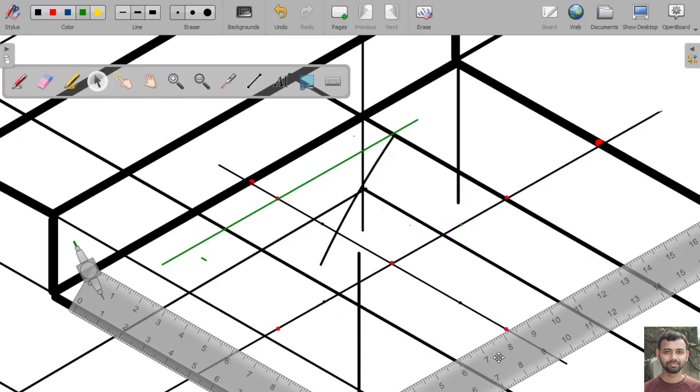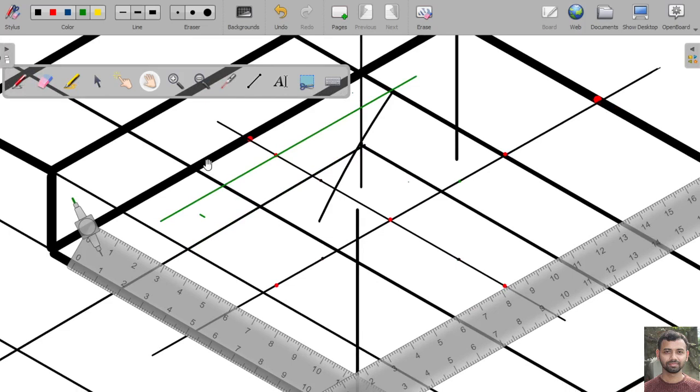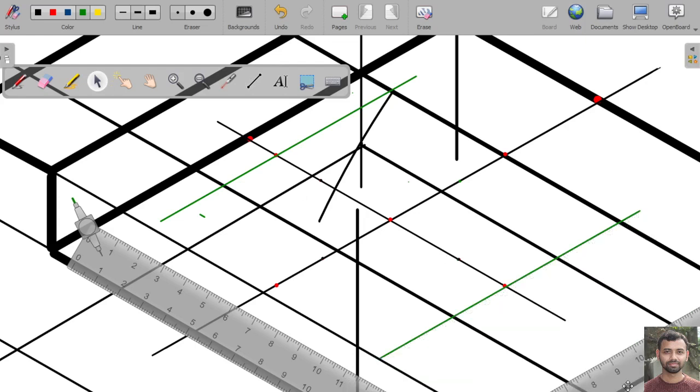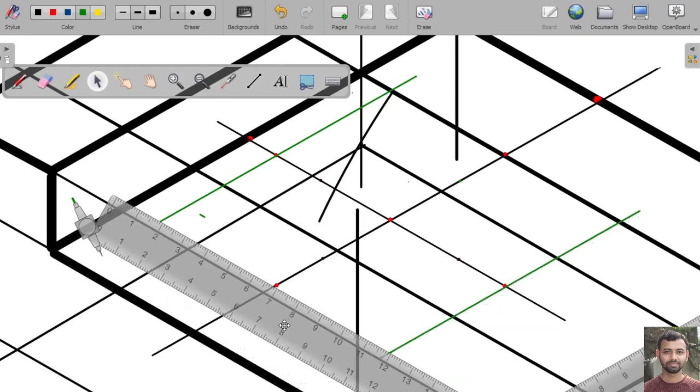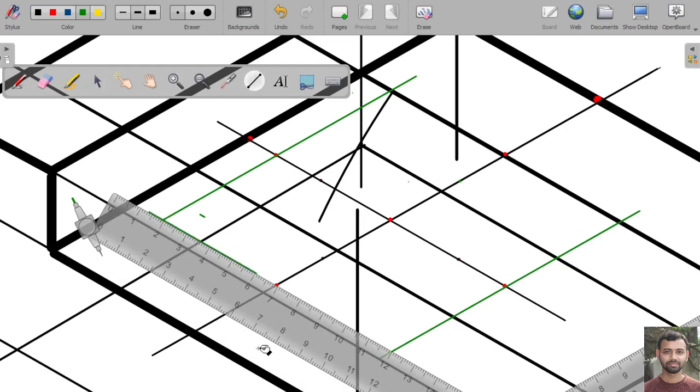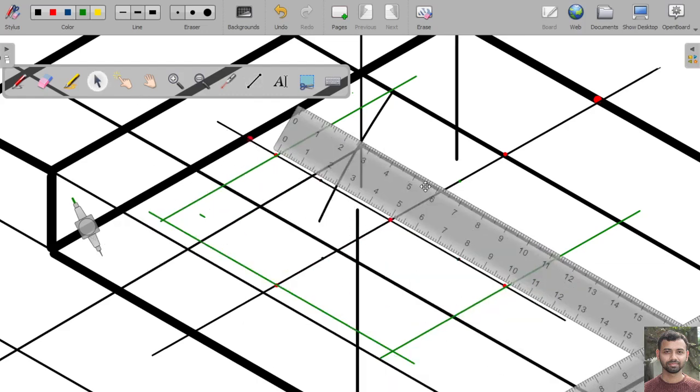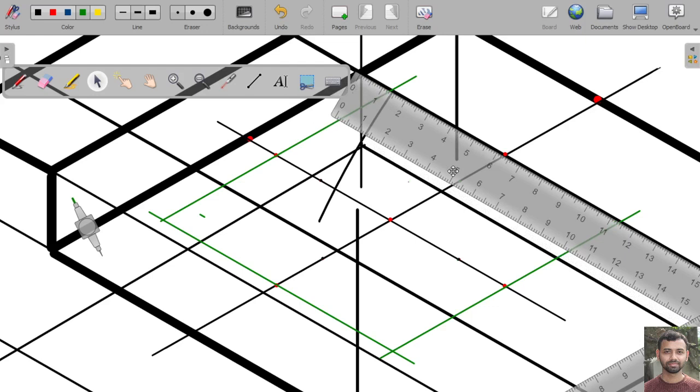This is another side of the rhombus. Next, this is another side of the rhombus, and here it is another side.